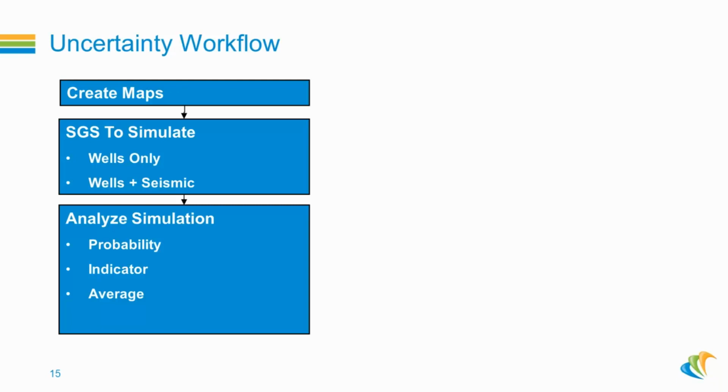With this SGS, we can simulate a number of possible maps, and we can make quantitative predictions about their probability of occurrence. We can estimate the values of wells alone, with the ordinary kriging technique, or we can estimate the values of wells plus seismic using collocated kriging.